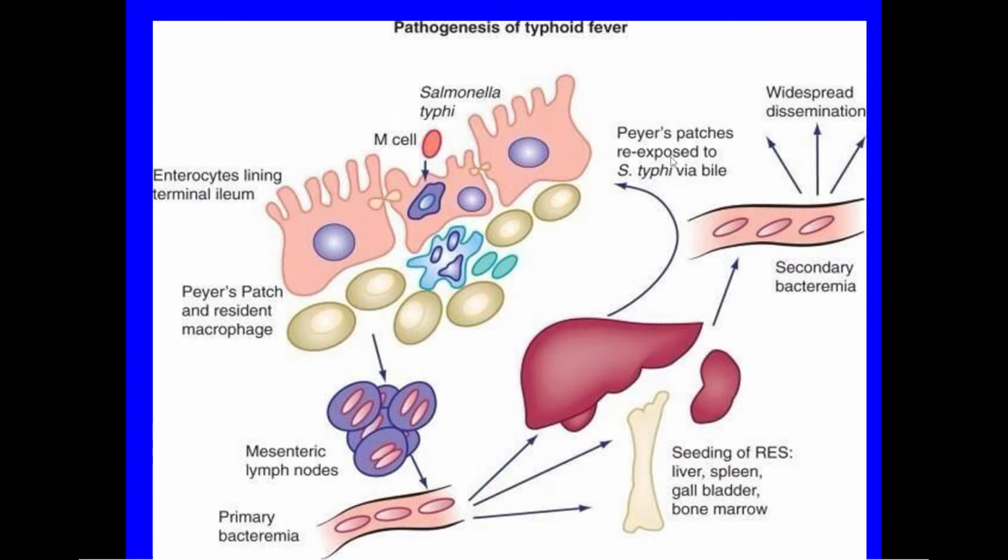They reinfect the gut, then they infect the Peyer's patches, and again in the Peyer's patches a very strong inflammatory response may occur that may lead to damage to the Peyer's patches and perforation of the colon, which is a very severe complication of infection with the typhoid bacilli.